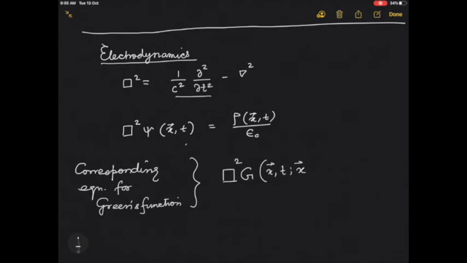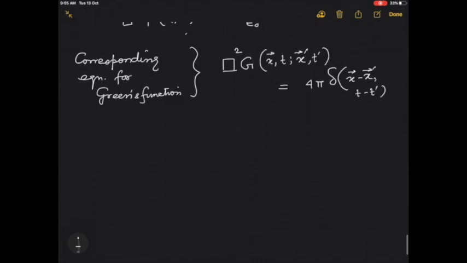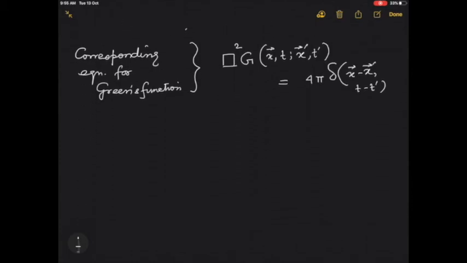Now this will depend on x t, x prime t prime, and in the right hand side I will have 4 pi delta of x minus x prime, delta of t minus t prime. The rest of the method is exactly the same.